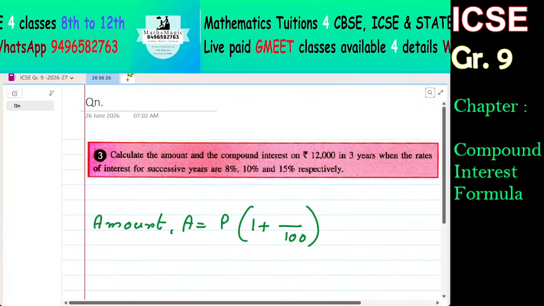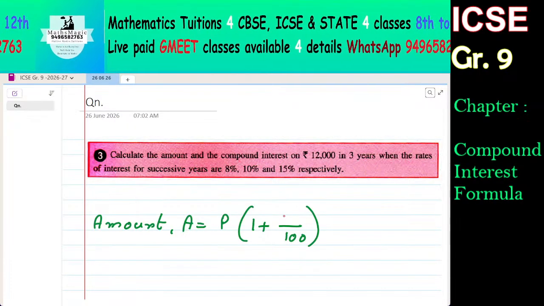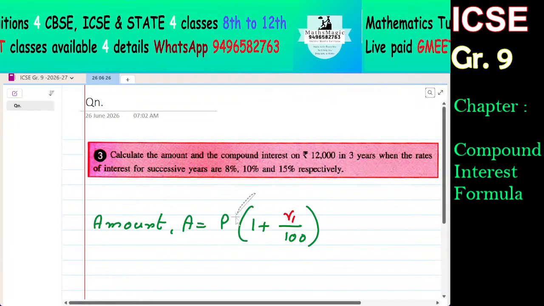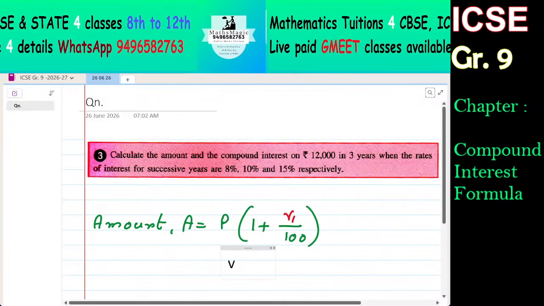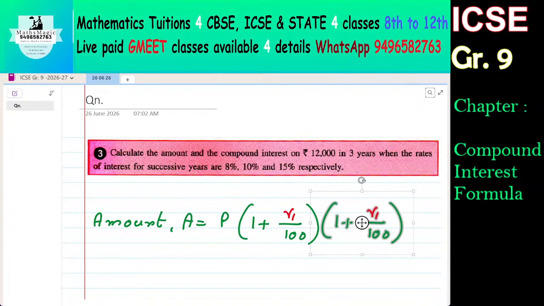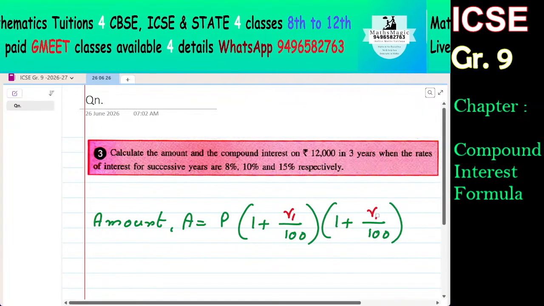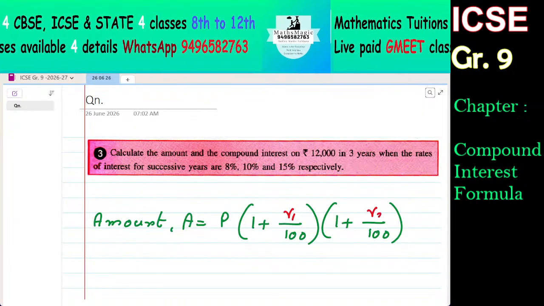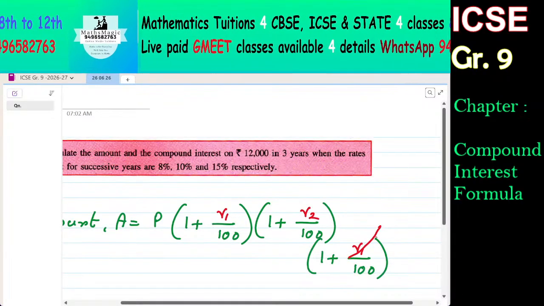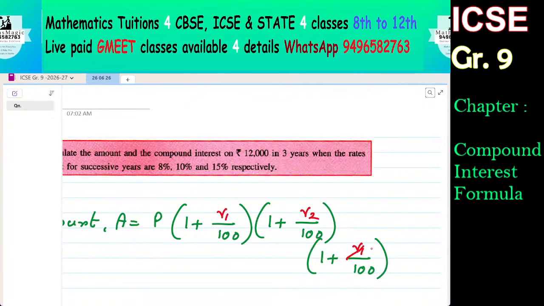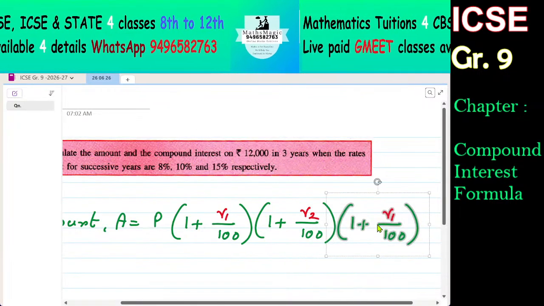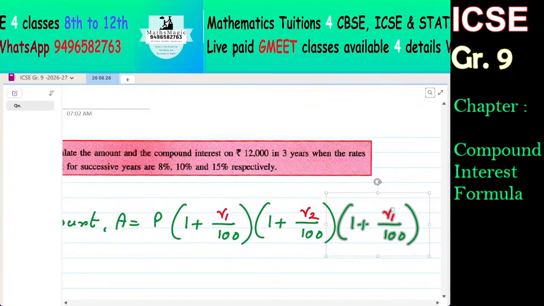Now, if you have 3 successive years, you have to multiply with R1, then next it will be R2 for the next year, and again R3 for the third year.